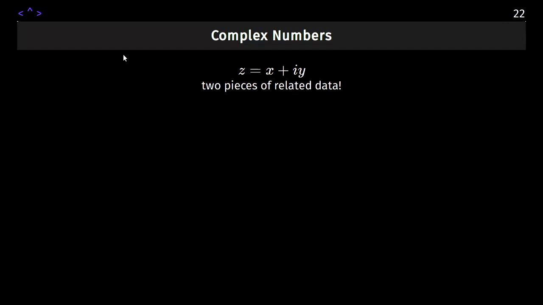So when you see mathematicians going, ooh, look at my cute formula, what you want to be doing is going, yes, but where's the data? Where's the information? And it's all buried away in there. So I could conceivably take this and make it a structure, because this is a piece of structured data.